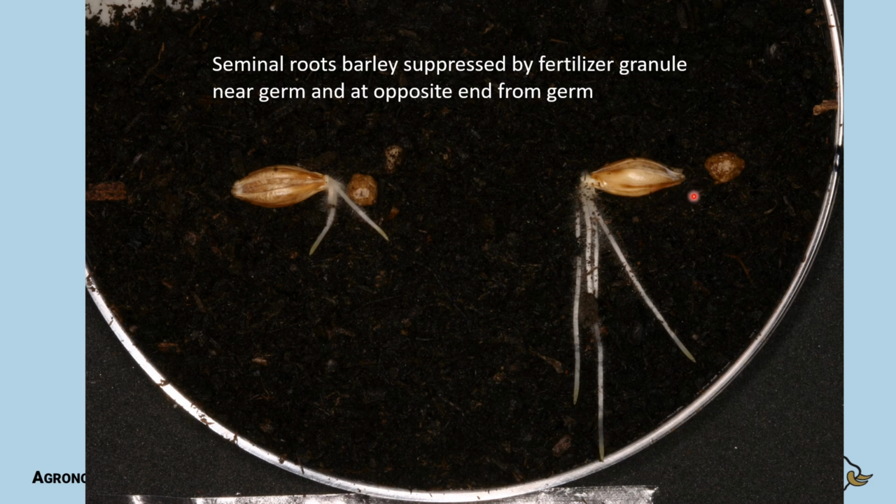So you can see that a granule at the opposite end from germination has a relatively minor effect on the seminal roots, whereas you put a granule at the germination end and it really impacts the root development because of that salt index likely.